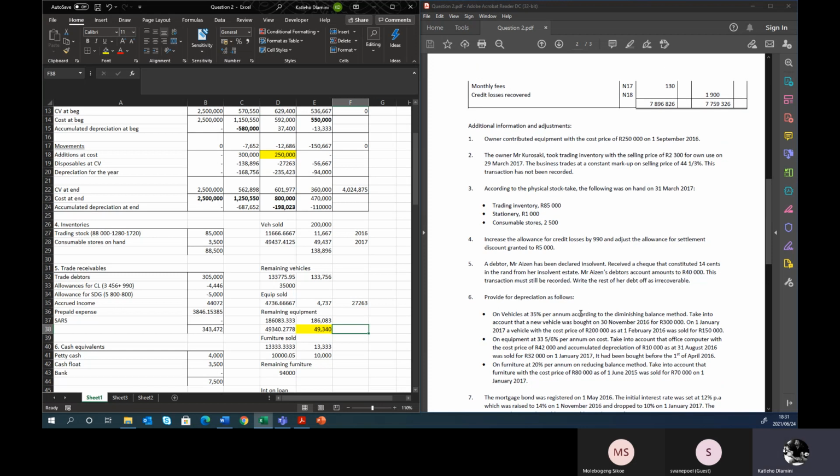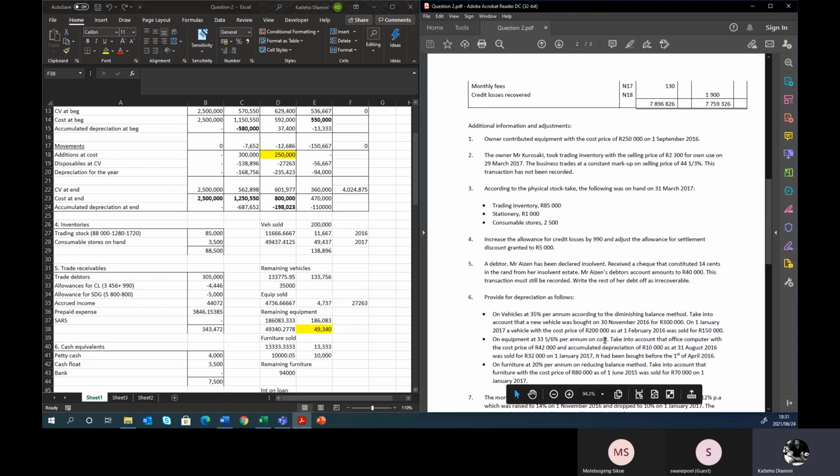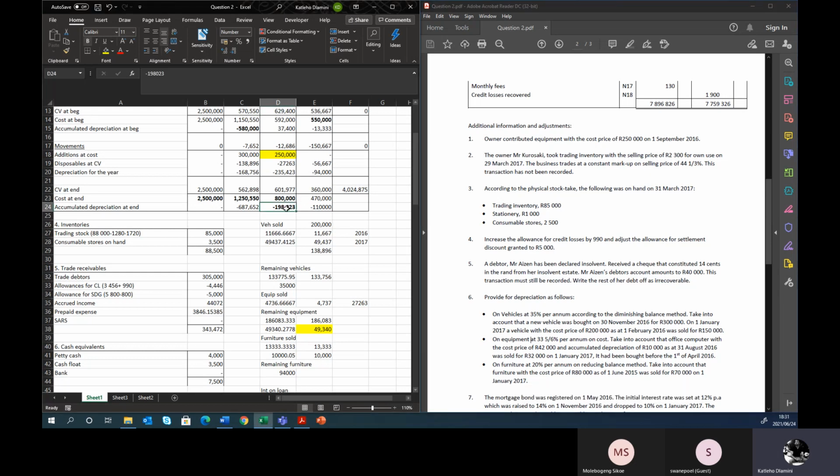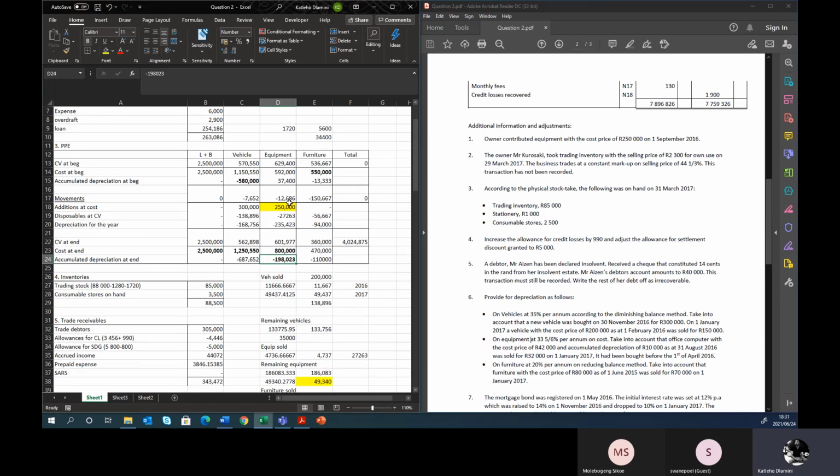Then I come down here, and I'm gonna continue with equipment because I want to finish with equipment. And remember, equipment, we already have these two amounts here. And in fact, immediately we could have just said 800 minus the 198 will give us the 601. Okay, so I can say that is also done. So take into account that office computer.